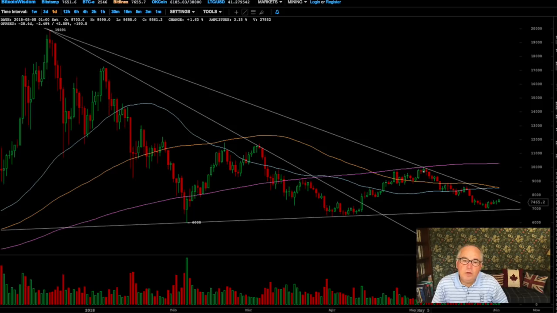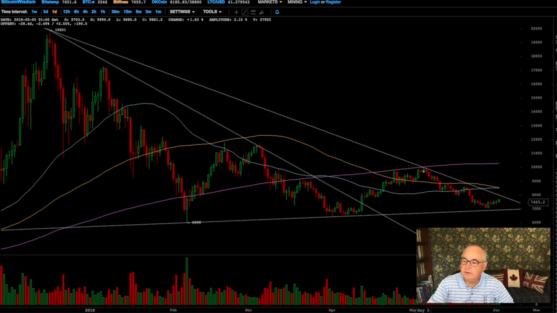That's the 200-day moving average, by the way, there. So the purple line, and look how, since March, well, roughly in the end of March, we try to break that 200-day moving average.